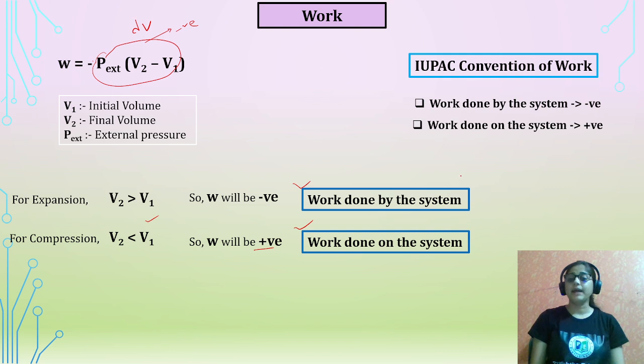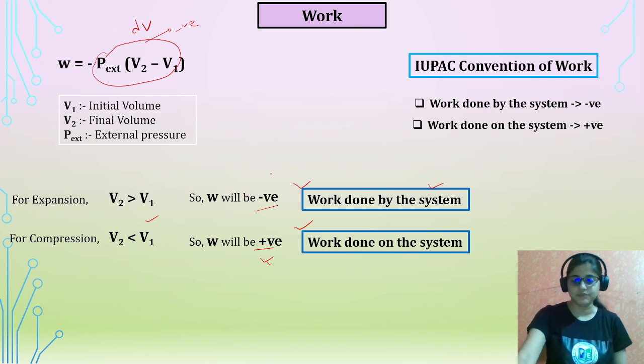Work done by the system, you can remember like this: I am giving money to the seller, the shopkeeper. And work done on the system is when someone gives you money, your relatives can give you money, so you now have a positive amount of money because money is adding to your account. So your account will be full, positive, and negative is when the money is gone. With that you can remember this one.